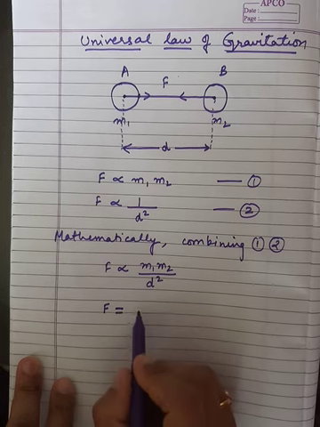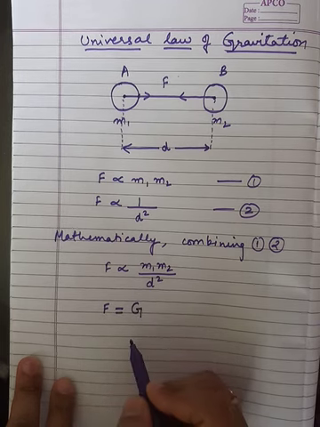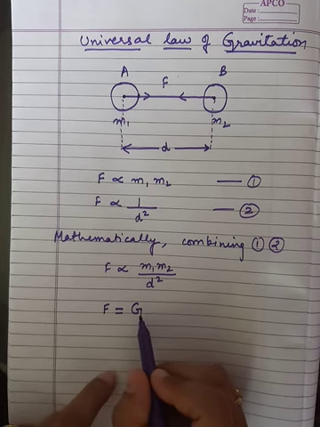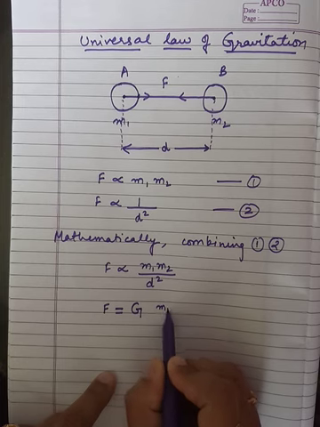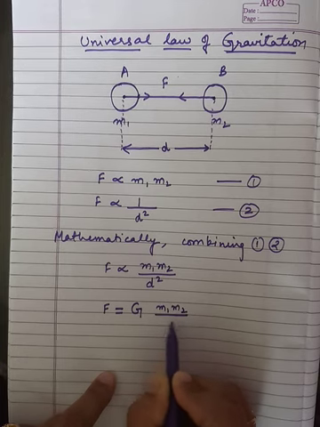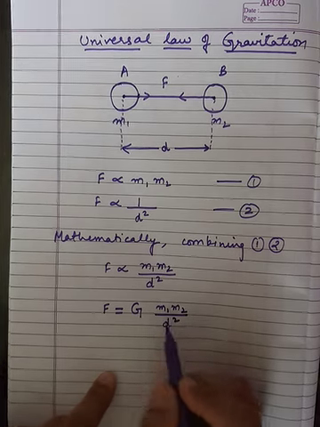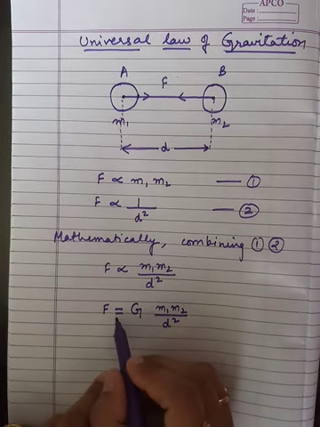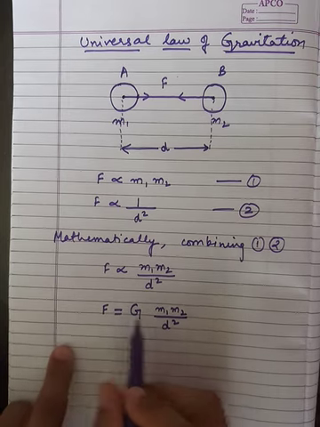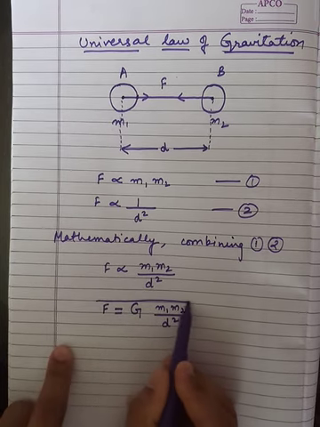F equals the constant of proportionality, here I will consider it as capital G, and that has a particular, very very important value. So capital G is the constant of proportionality over here, and the formula becomes G m1 m2 by d square. Other things remain the same. So I will multiply by a constant of proportionality in this case. So what is the formula of force of gravitation?